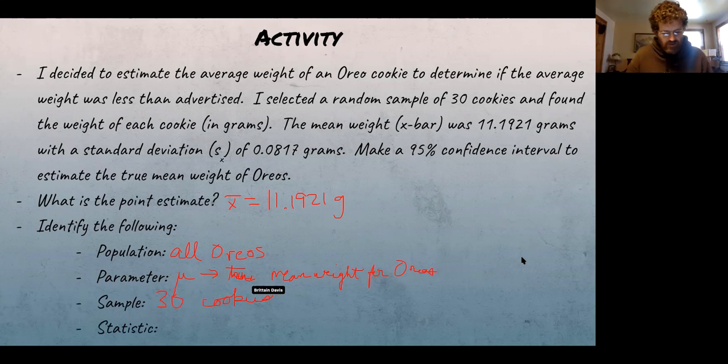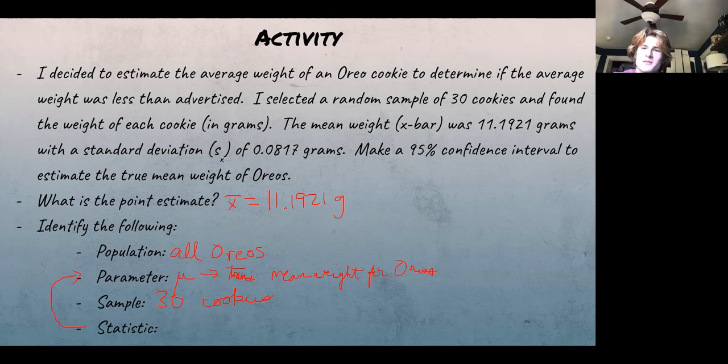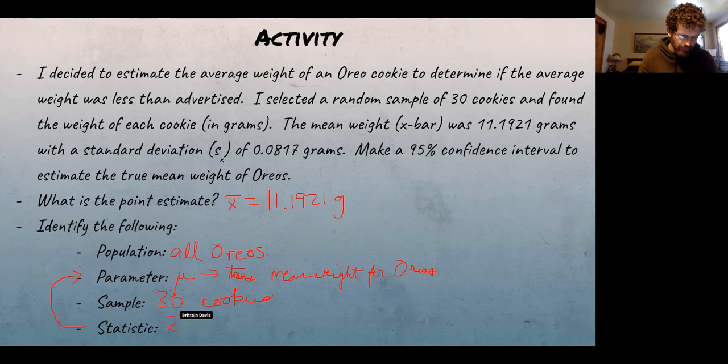And the statistic is, just as a hint here, what we're using to estimate the parameter. 11.1921. There it is. This is just a repeat of what we already wrote down. It's X bar, 11.1921. And specifically, this is the sample mean.